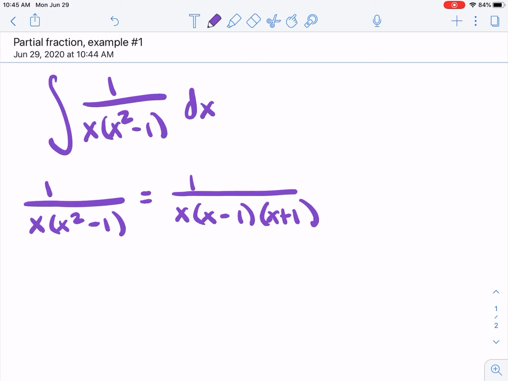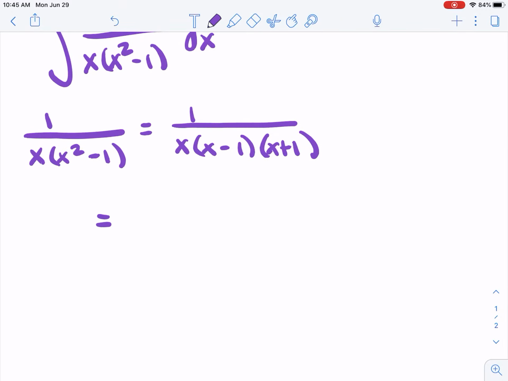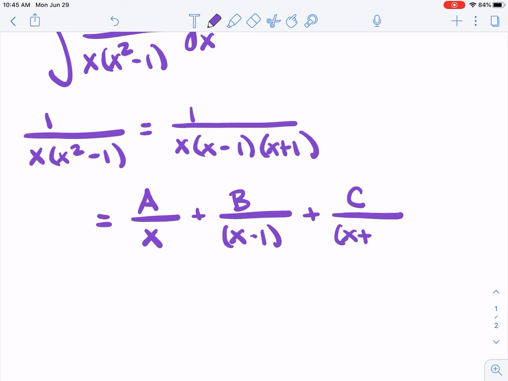So now I have the denominator completely factored, and I want to know what combination of things would give me that as a common denominator. And the answer is, well, we'd have some fraction with something over x and something over x minus 1 and something over x plus 1.